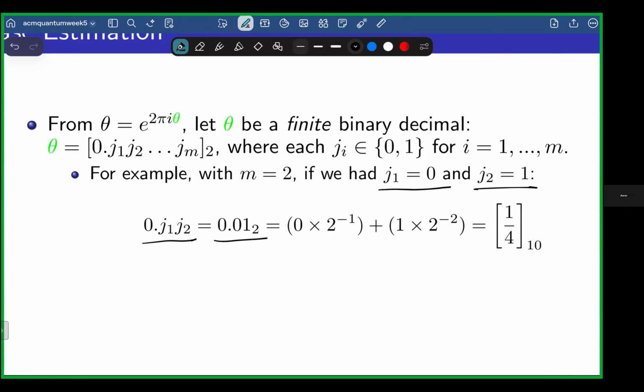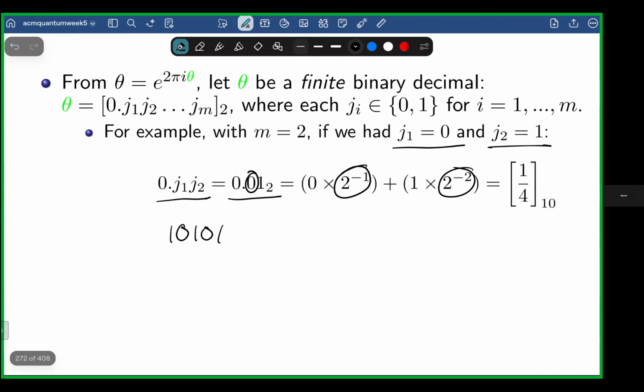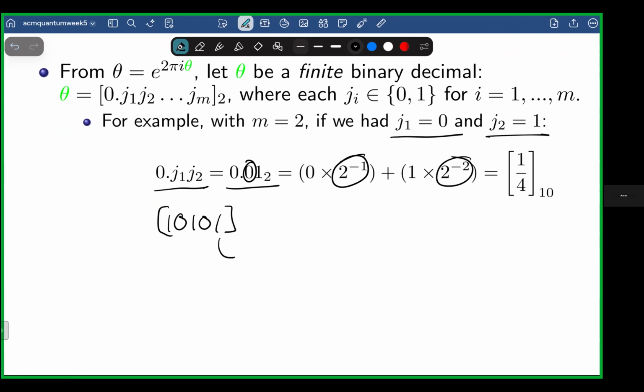Are we comfortable with binary to base 10 expansions? You take this number and multiply it by 2 to the negative 1, you take this number and multiply by 2 to the negative 2. It's similar to a regular binary number: to convert to base 10, you would do 1 times 2 to the 0, plus 0 times 2 to the 1, plus 1 times 2 to the second, etc. But we're on the other side of the decimal, so we use negative exponents.